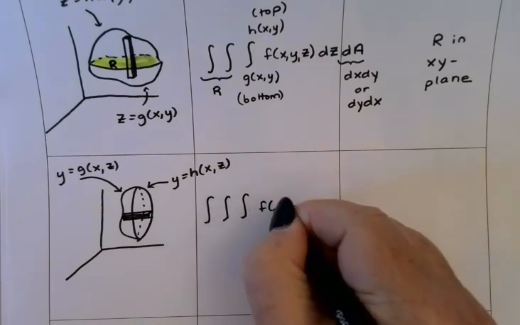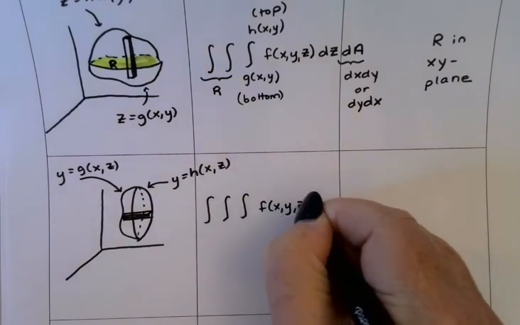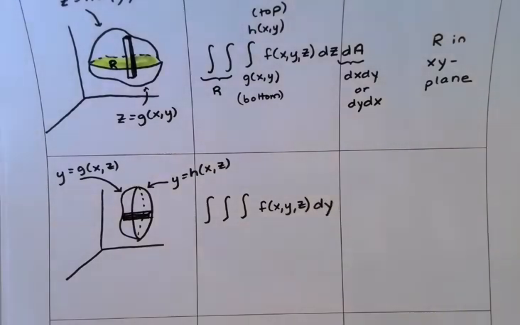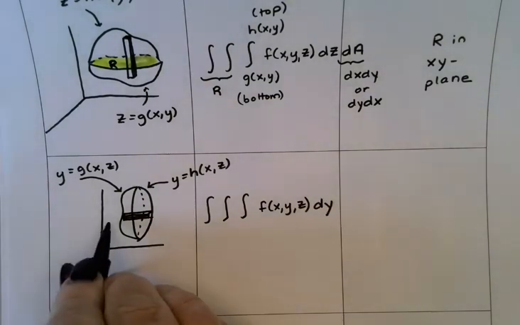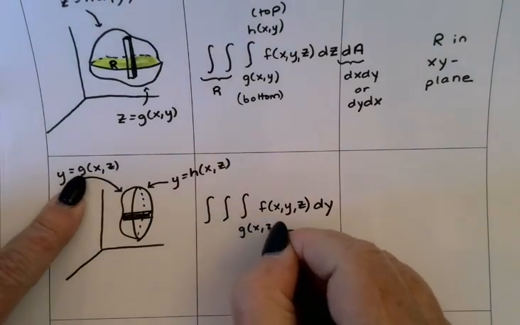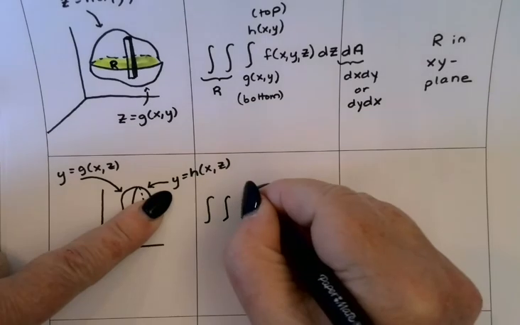So I'm going to take my original integrand, f of x, y, and z, and I'm going to integrate dy first this time. Going from left to right, that would be from g of x and z to h of x and z.